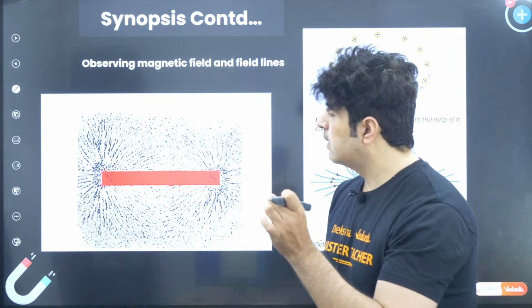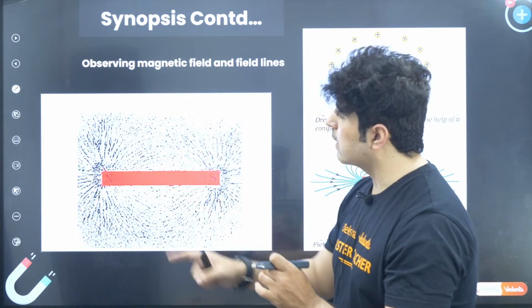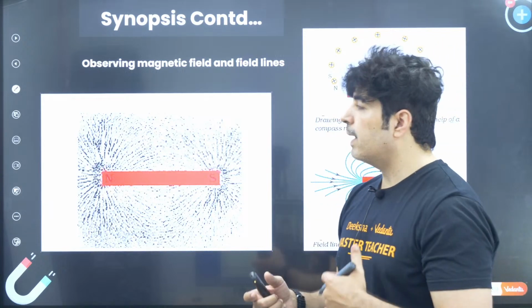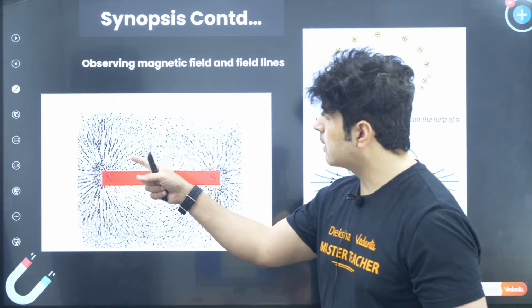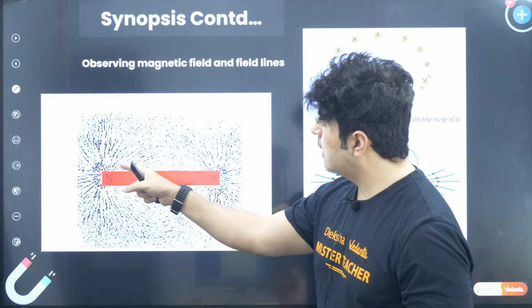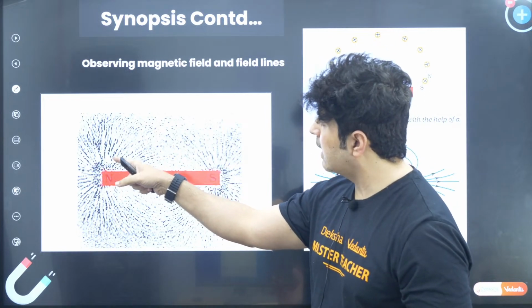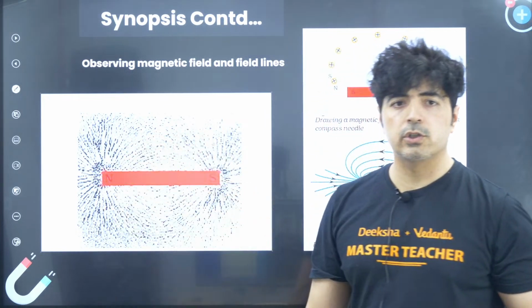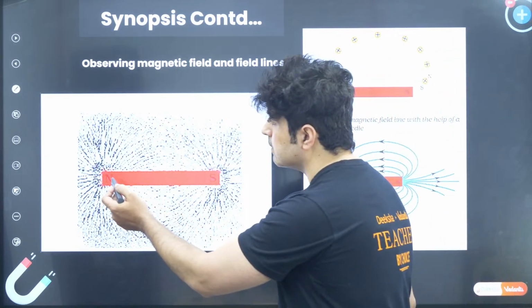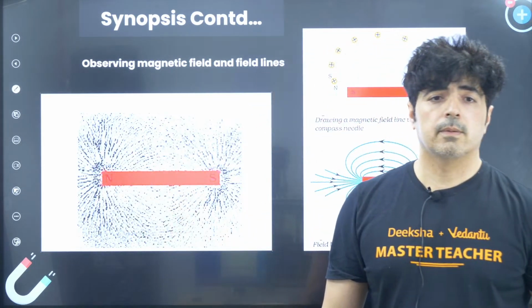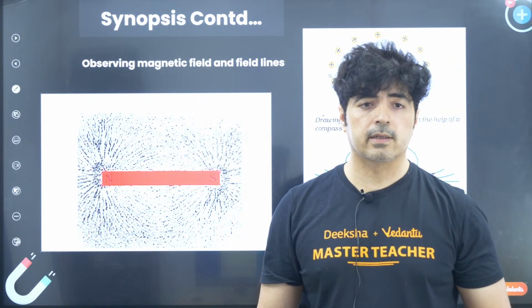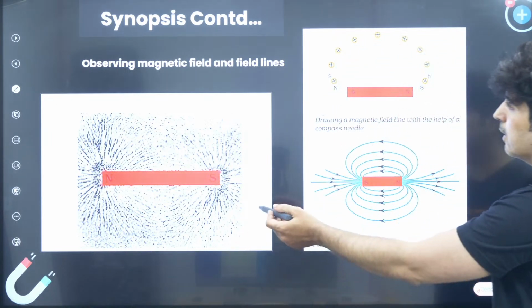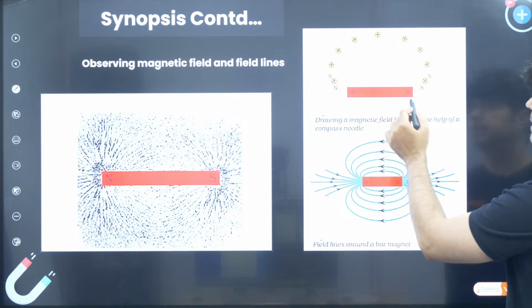So iron particles are kept next to it. It was observed that by themselves these iron filings align themselves in this direction, which shows that they approximate the direction of the magnetic field around the magnet, which is like this.